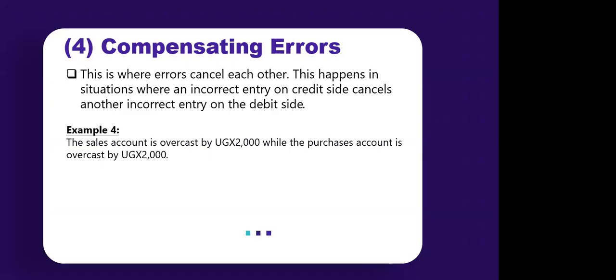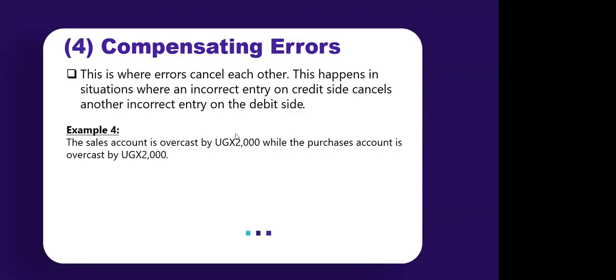Those two errors are affecting the trial balance individually. Or they can give you a statement where only the sales account is overcast, and that is it, or only the purchases account is overcast, and that is it. That affects the trial balance. So I want you to also note that.